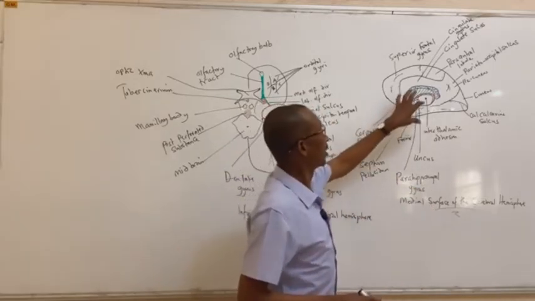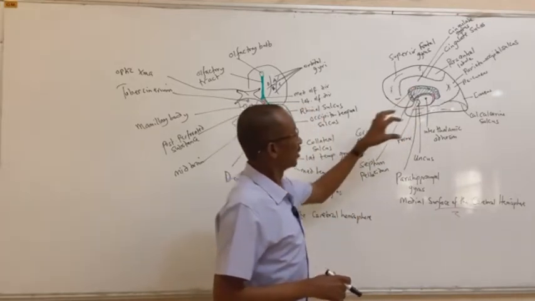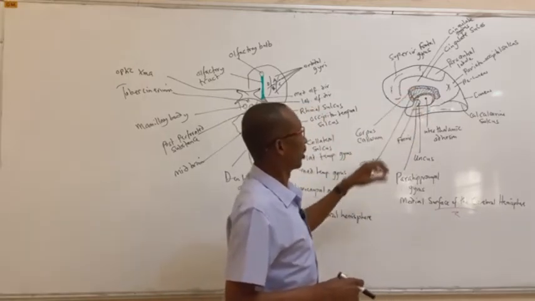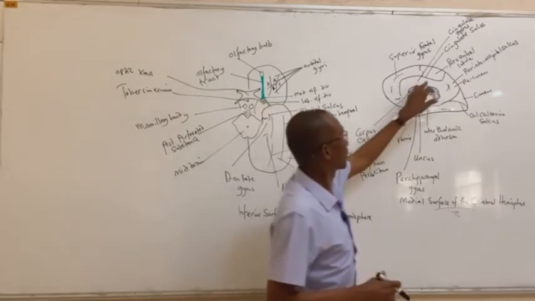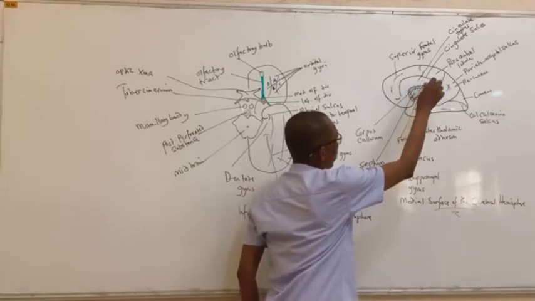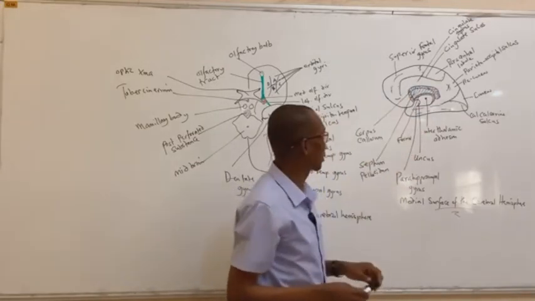On the medial side of the cerebral hemisphere, one important structure that can be noticed is the gyrus we call the cingulate gyrus. This cingulate gyrus is immediately above one of the best commissural fibers, what we call the corpus callosum.